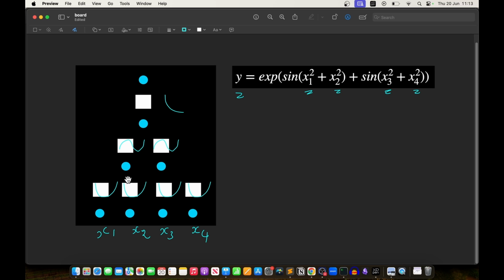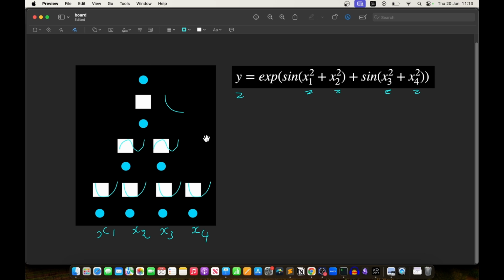If we are designing a KAN network, then we go about this problem by having three layers, assuming that in the first layer, during training, all the x squared functions will be learned, in the next layer all the sinusoids will be learned, and in the last layer all the exponentials will be learned. In the input we have, of course, the four variables, and at the output we have our output y.